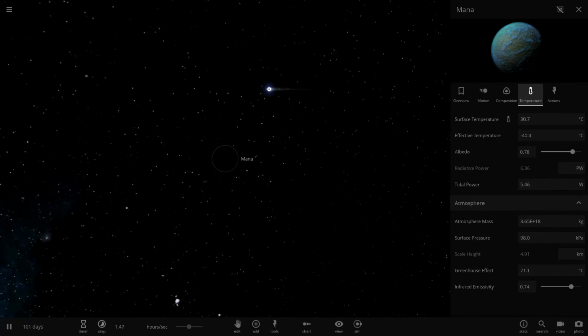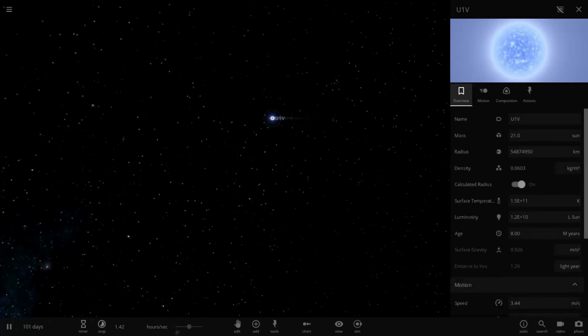And do you want to give this star a name? I don't, because it doesn't even... I'm going to put a couple dots here to symbolize you could put a name here. It's so hot, the game can't even calculate it.